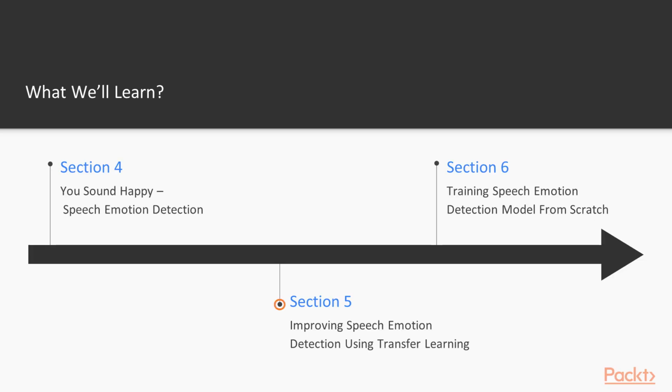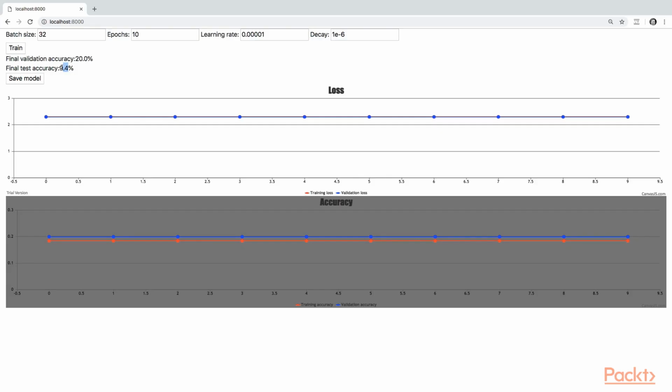In section 5, we'll learn how to do the training using transfer learning. This is the technique that will allow us to improve our pre-trained models with the audio samples that we've chosen, and not only with audio samples in the new data set a little bit.